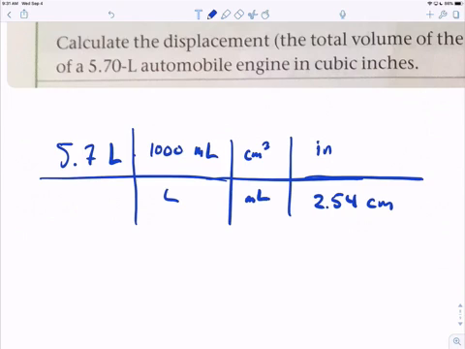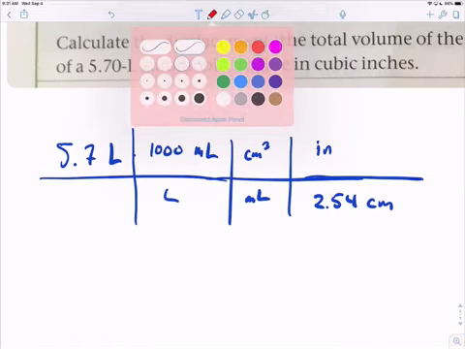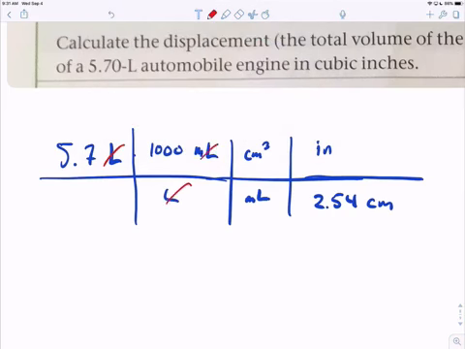Now, if you look at the units though, liters cancel, milliliters cancel, how do we get to this step here? You have to take this whole thing and cube it to get rid of the cubic centimeters. So you have to have that part cubed. So it's not divided by 2.54, it's divided by 2.54 cubed.